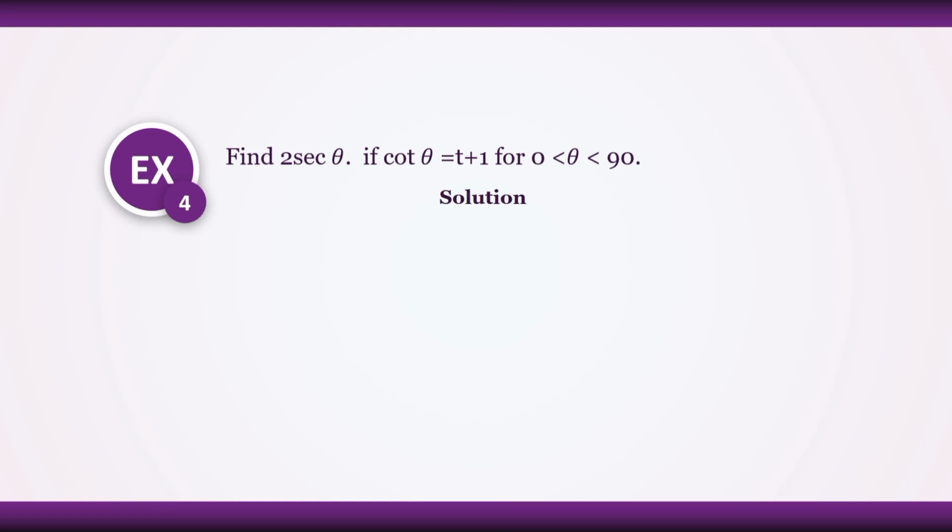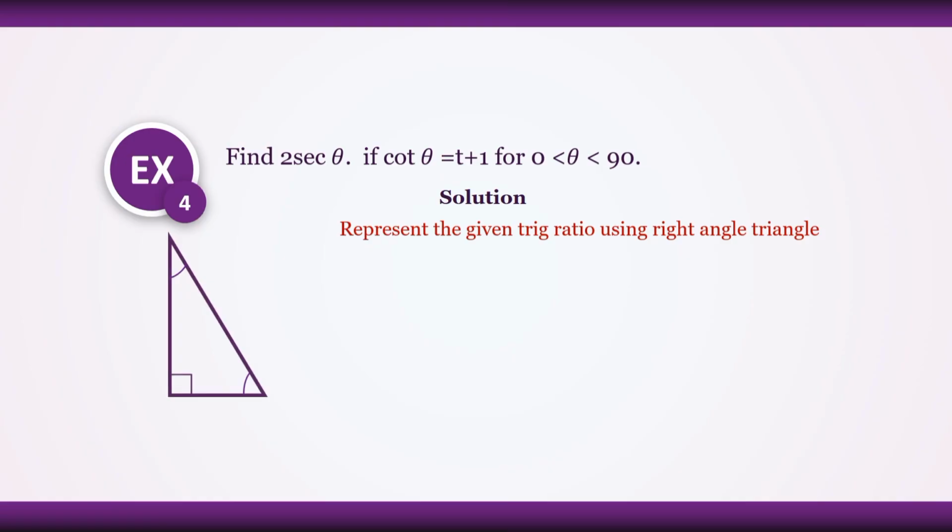The first thing is you have your right angle triangle and you represent your trig ratio. Here in the question we are given cot theta as t plus 1. Now the question is, how do we fix the other side?